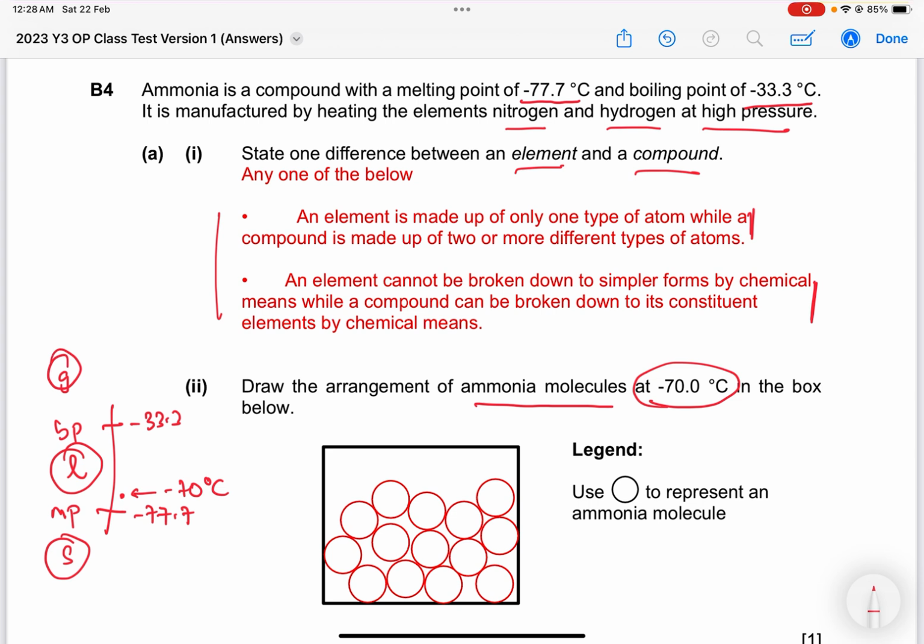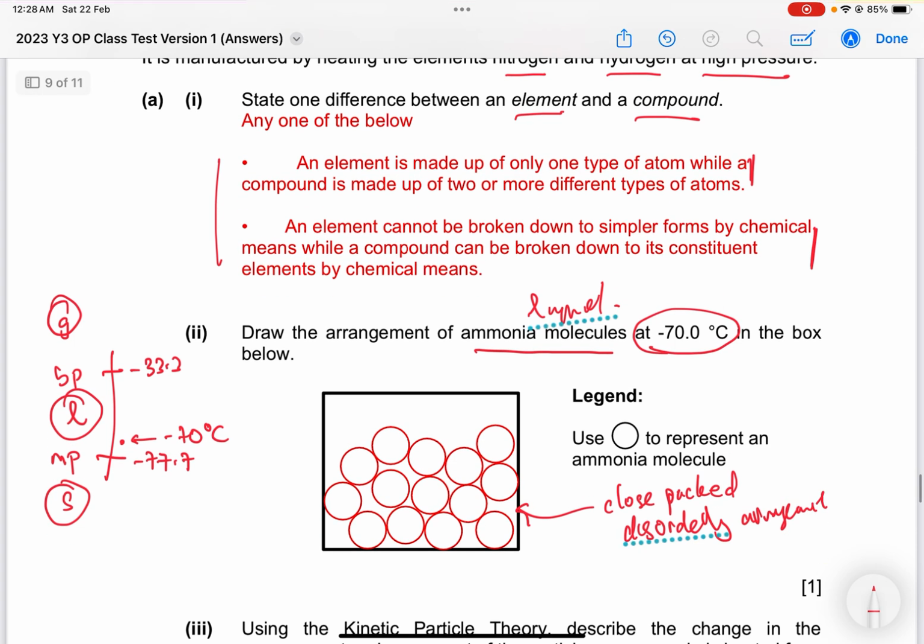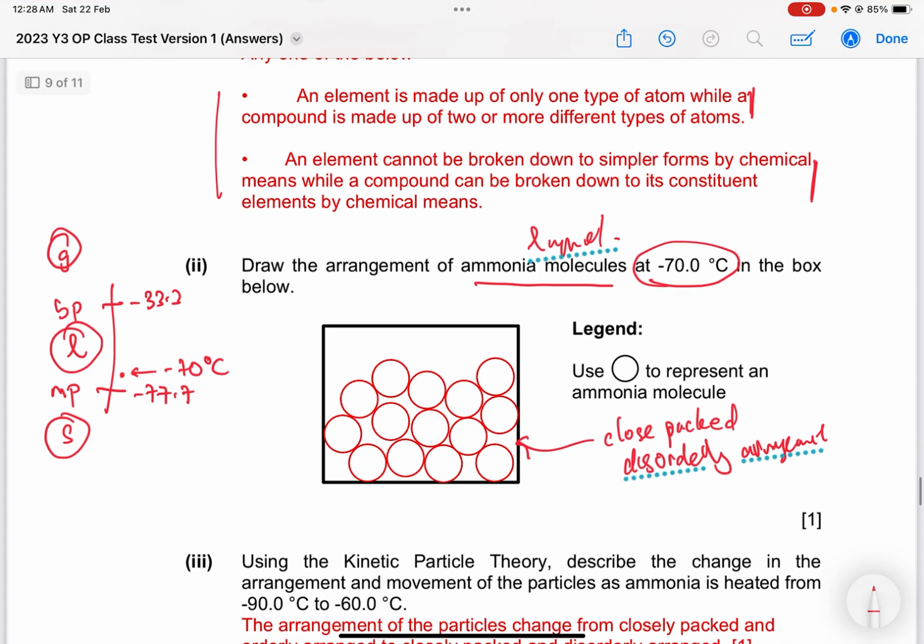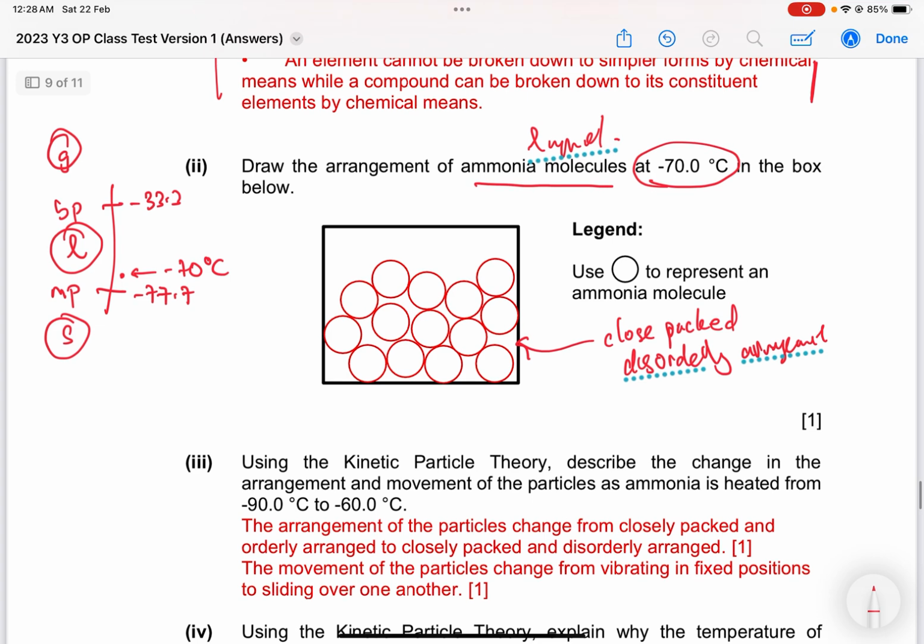So negative 70 is liquid. So they're asking you to draw the arrangement of liquid. So what you should be looking out for here is closely packed, but disorderly arrangement. Okay? Take note, try to fill it up, and make sure that it's not floating in mid-air. So 1 mark to make sure that you have these 2 points over here.